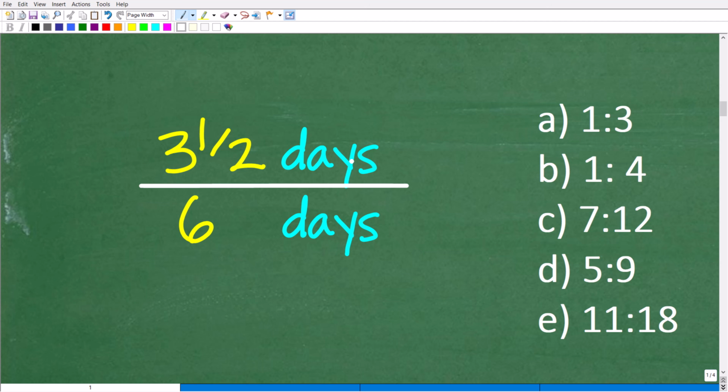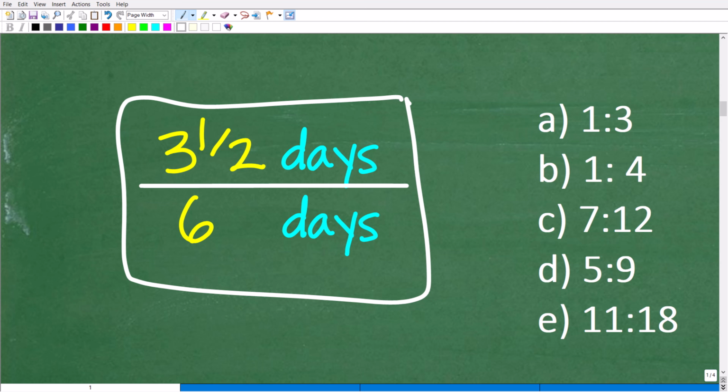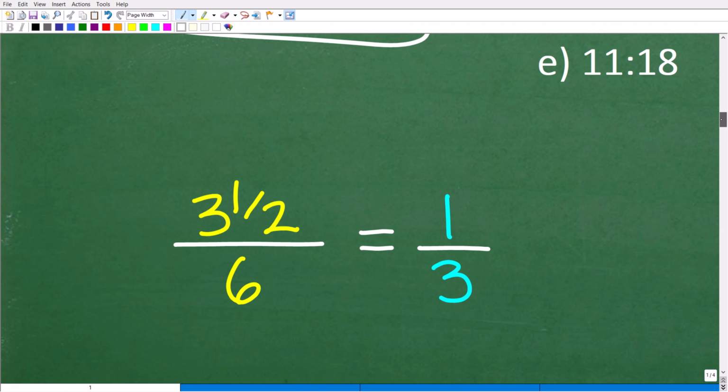The first thing we could do is think about proportions. You might be saying, hey, what's a proportion, Mr. YouTube Math Man? I'm going to show you in 1 second. If this ratio is equivalent to one of these ratios, let's say, for example, 1/3, then they are in proportion, which means the cross product must be true. I'm going to show you this cross product concept in just 1 second.